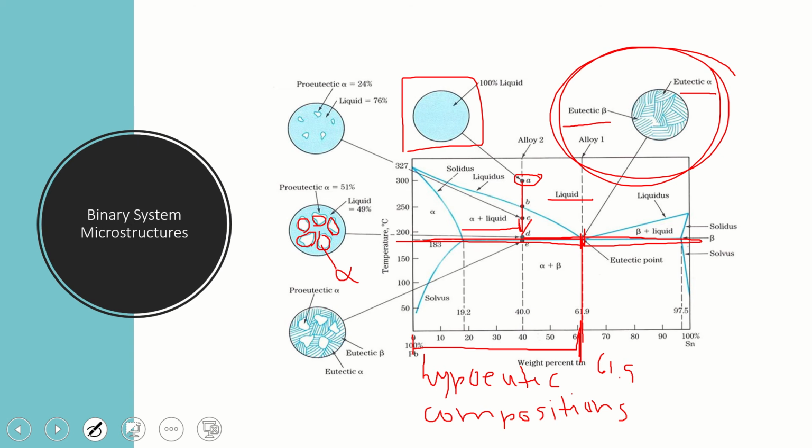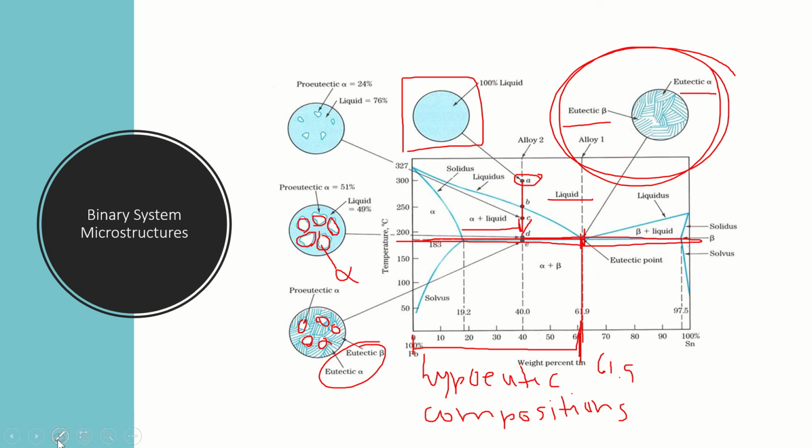As you lower the temperature a little bit more, you will get alpha precipitates inside of a structure of eutectic composition of alpha and beta. This is the transformation in a binary system in the hypoeutectic compositions.